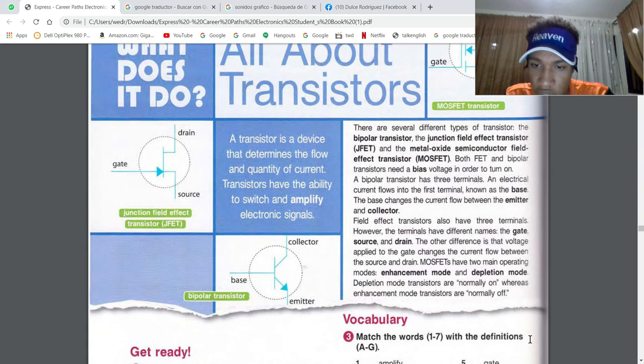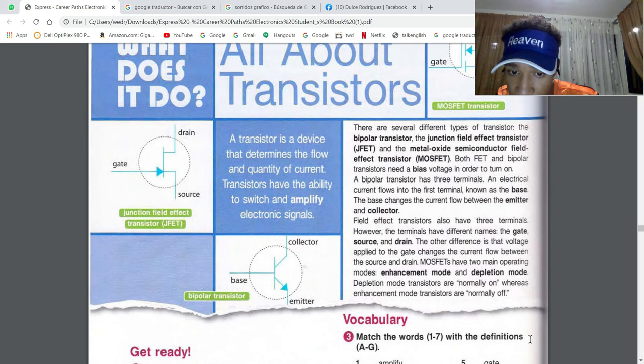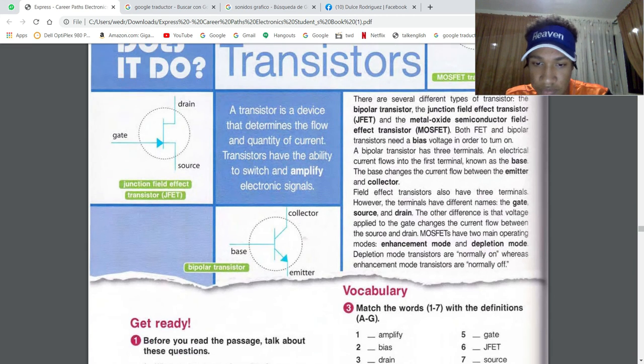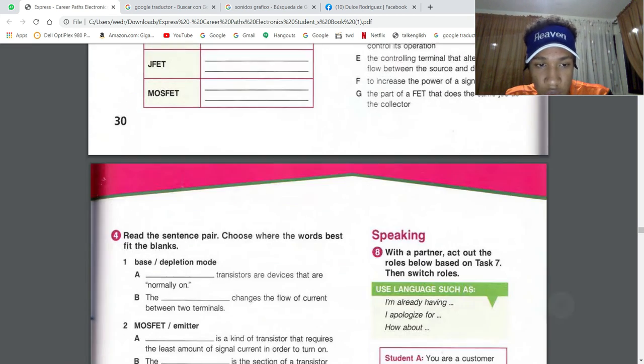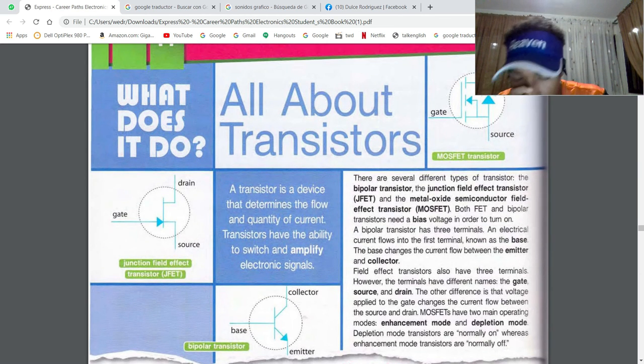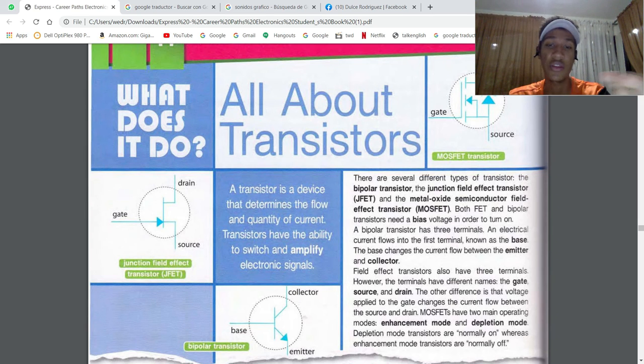Depletion mode transistors are normally on, whereas enhancement mode transistors are normally off. So the transistor is an important part of electronics, because you can do everything you want.